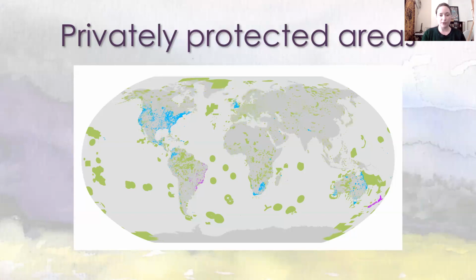Both of these networks are in the WDPA, but either don't have a recorded governance type, or they have a governance type that suggests that they're not privately governed. So without this additional information, users of the database wouldn't be able to identify these networks as networks of privately protected areas. And this emphasizes the need for complete tabular data as well as complete spatial data in the WDPA.